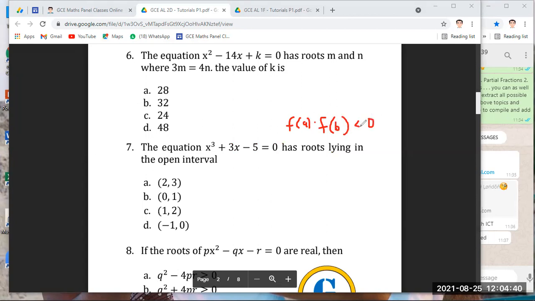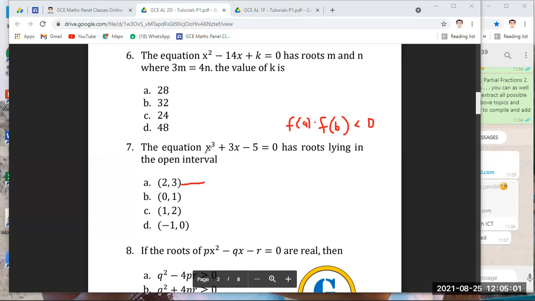If this occurs, you can say this function has a root in the interval. This is how you do the proof. You look for f of A, look for f of B, and get the product. If the product is less than 0, then it has a root in that interval. Otherwise, it does not have a root. So let us start by testing with this first one.